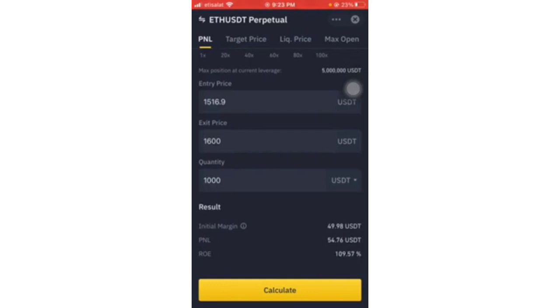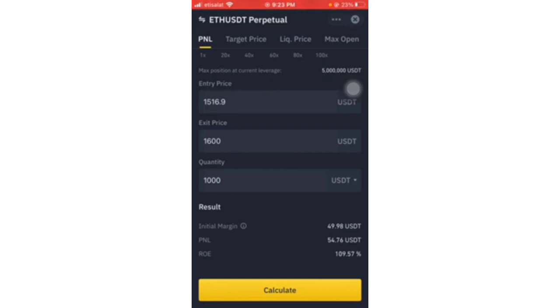You understand me, guys? So it says my profit and loss is 54.7 USDT. The initial margin means that I have to have about 50 something dollars, almost $51 like that, to be able to use this 20x leverage. I hope you understand what I'm saying, guys.